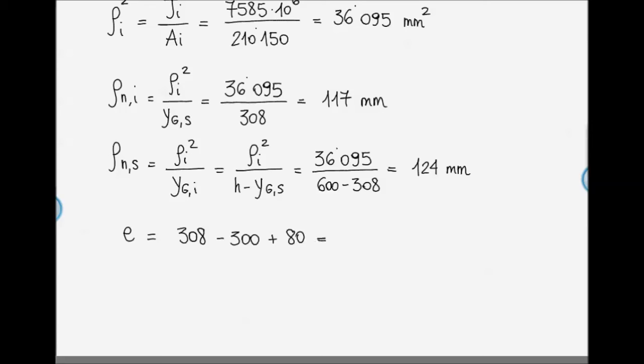That gives 88 millimeters. So since we have, in this case, rho ns equal to 124 millimeters greater than E, which is 88 millimeters, we can say that we are in case of a small load eccentricity.